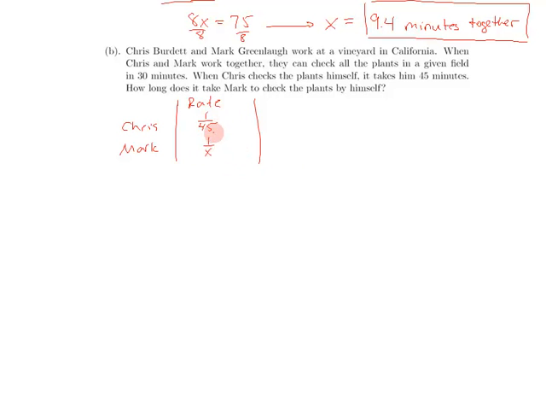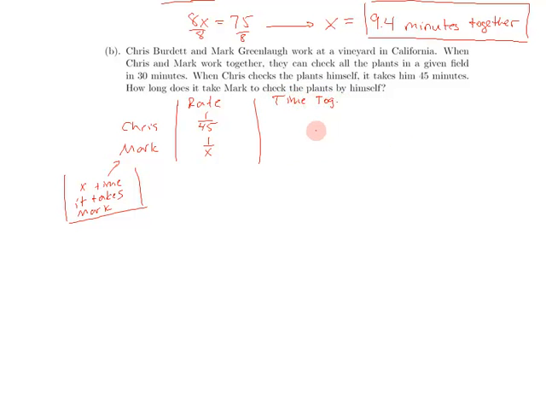Still, because it's the rate and we're trying to find how long it takes him to work, we're going to use 1 over x, 1 over his total time. Okay, so x is the time it takes Mark. It's always a good habit to identify what your variable represents, if you haven't made that clear before.